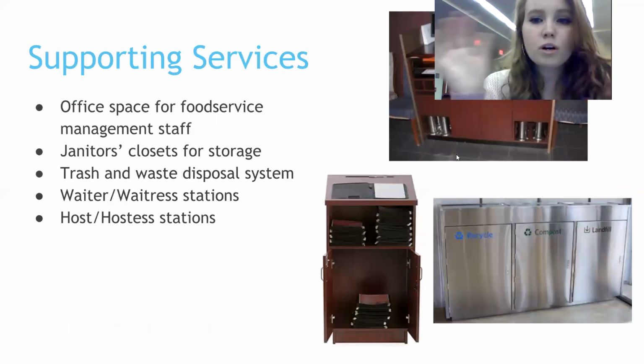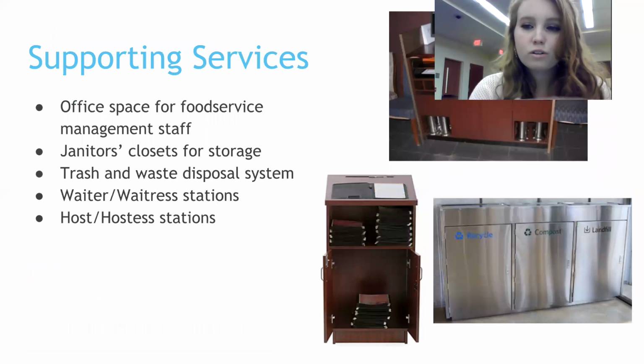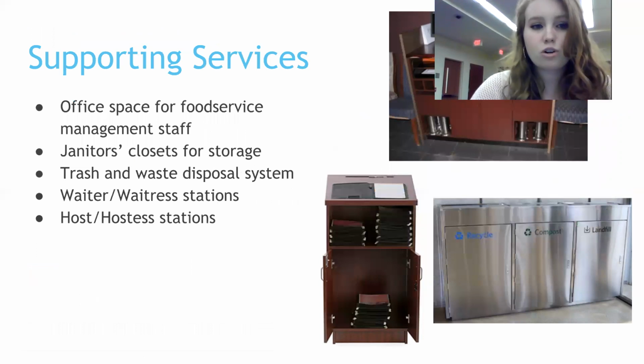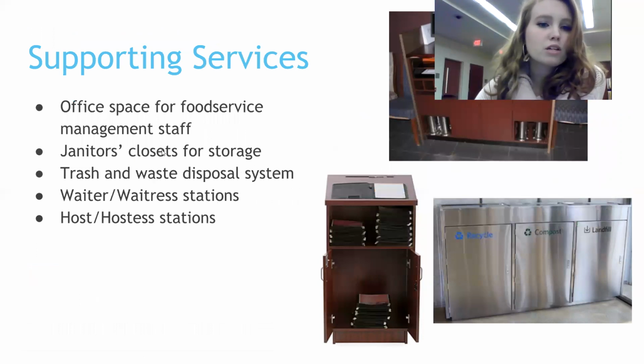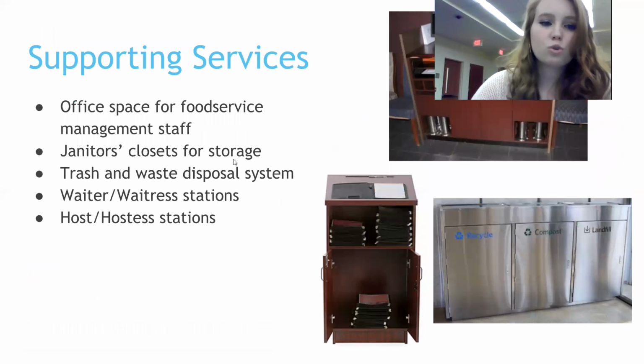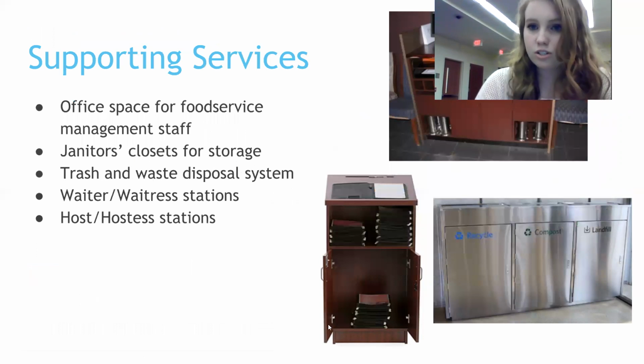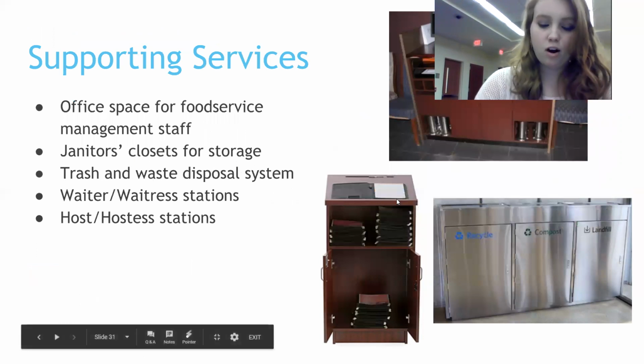And the supporting services are sort of like extra things that a restaurant needs to be functional. Those include office space for food service management staff, janitor's closets for storage, trash and waste disposal system, waiter and waitress stations, and host and hostess stations. And you can see pictures of them over here on the right.